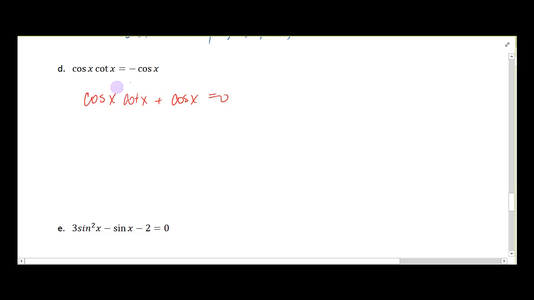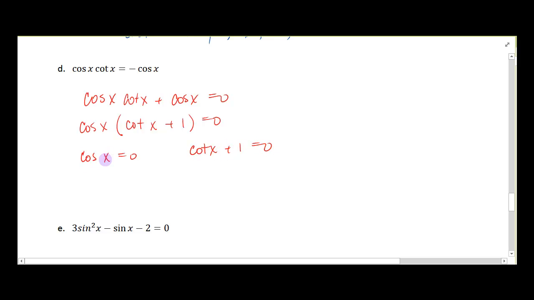I have a cosine x in both of these terms, which means I can factor cosine x out, leaving me with cotangent of x plus 1 equals 0. And we will set each of the factors equal to 0 now. So cosine x is equal to 0, as well as cotangent x plus 1 equals 0.